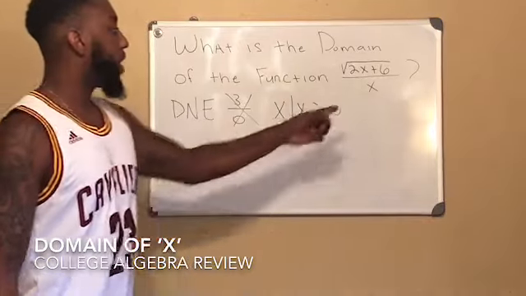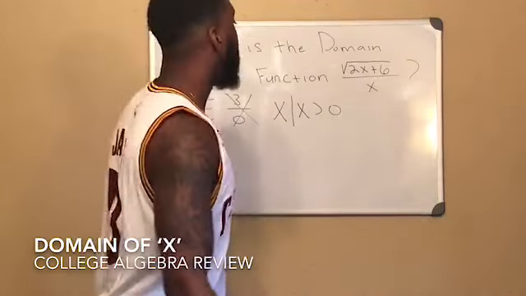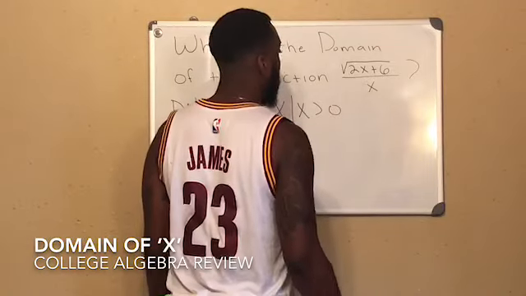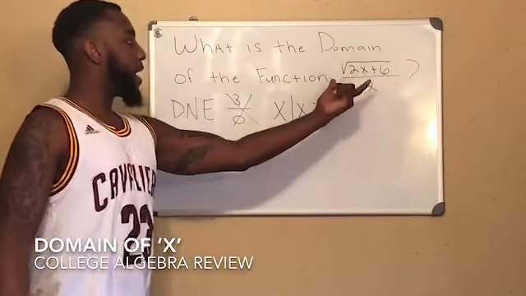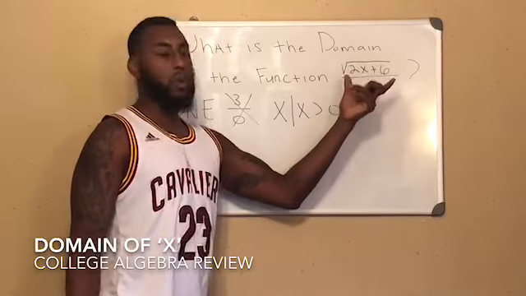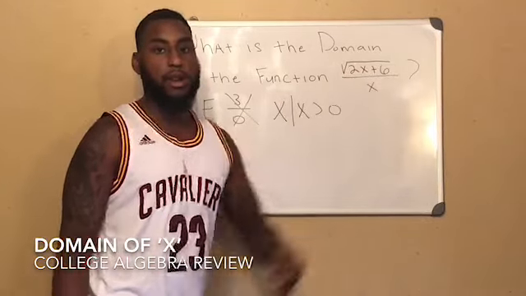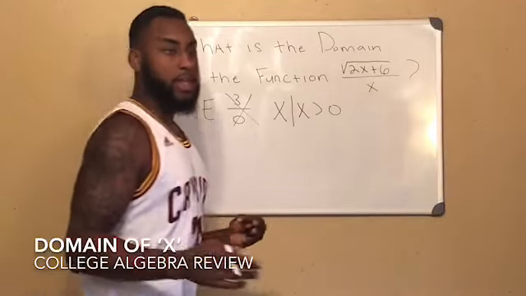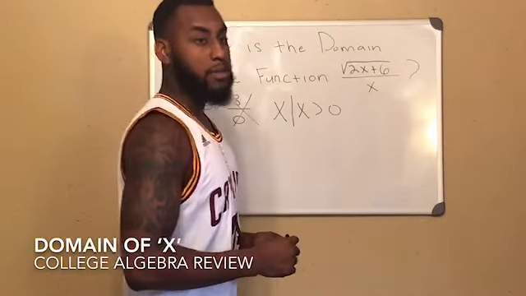Okay? But let's see if we have any more restrictions on x. Alright, so we have a radical or a square root in the numerator. Okay? And another popular thing in college algebra is complex numbers.